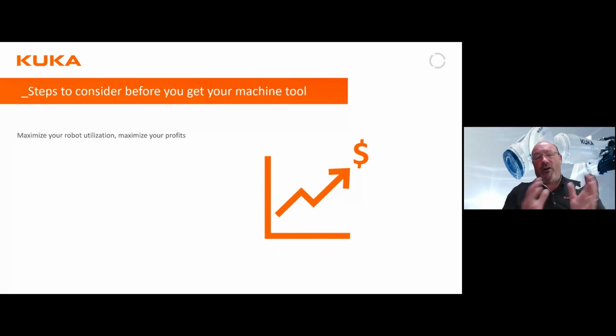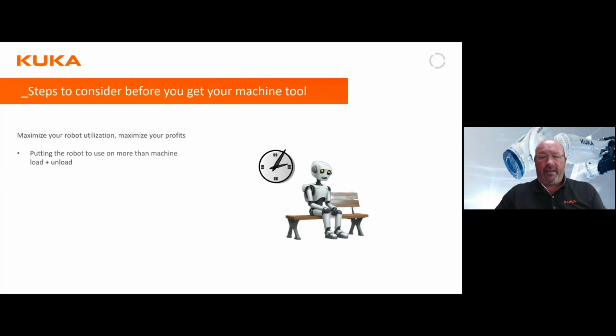All right, so you're moving along in your journey into automating your machine tool, and generally understand the financial commitment it will entail. Next, have you considered other ways to maximize the profitability from your automation? Can you put the robot to use on tasks other than loading and unloading the machine tool?